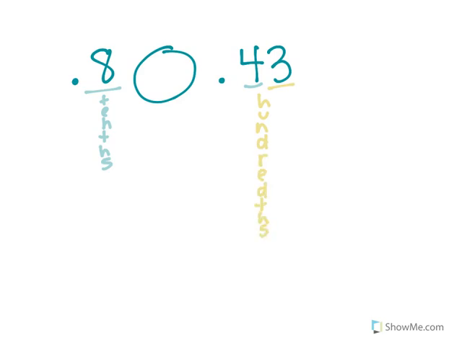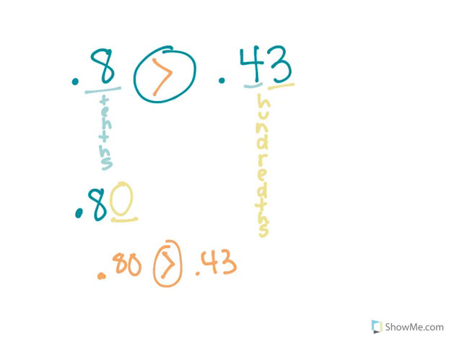So I want to make 0.8 be in the hundredths place. So I add the hundredths place and put a 0 on top. I now ask myself, is 0.80 or 0.43 bigger? Well, 80 would be bigger than 43, so that would be your answer.